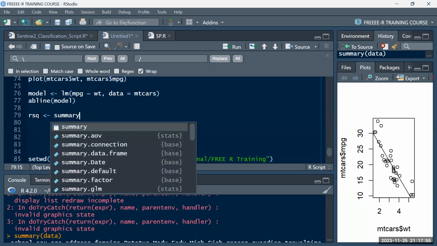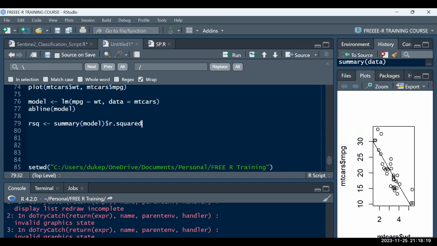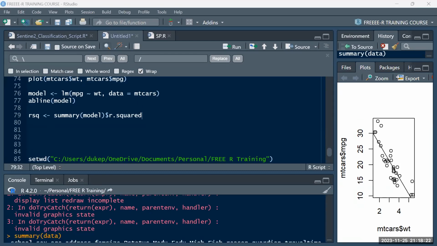You want to look at the summary of the model. And then from the summary of the model, you want to locate the r.squared, I think it's r.squared. Let me try and confirm that. Okay, I think it's r.squared.